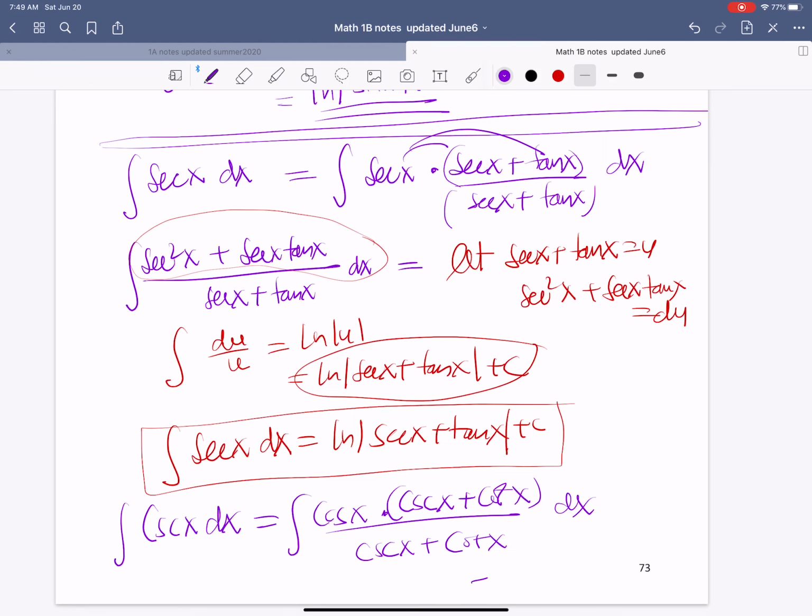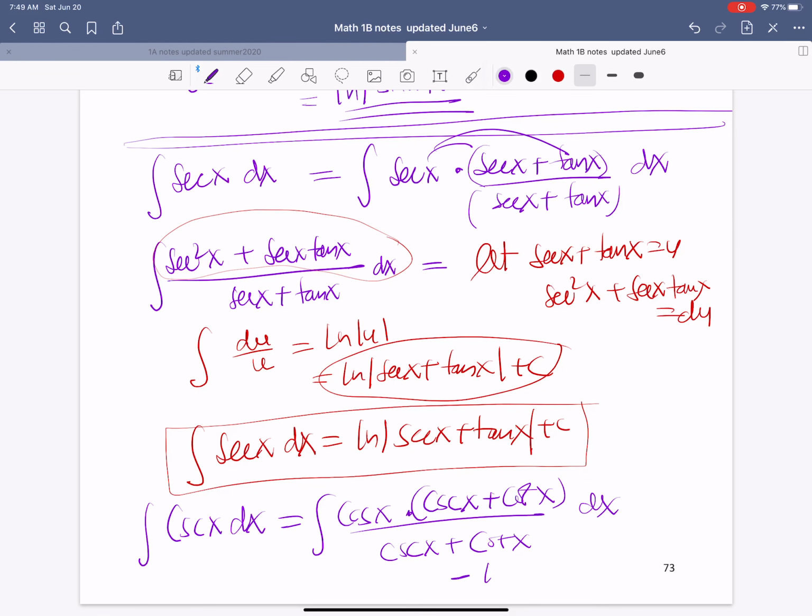It would turn out to be negative natural log of cosecant x plus cotangent x. Use the same technique that we used in the previous problem. So that's where these four formulas come from, the last four that we saw.